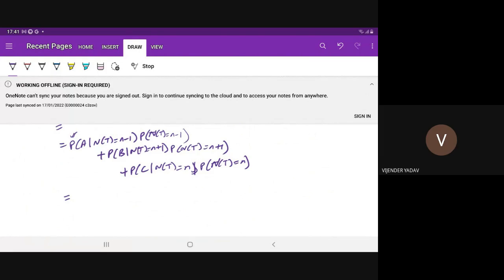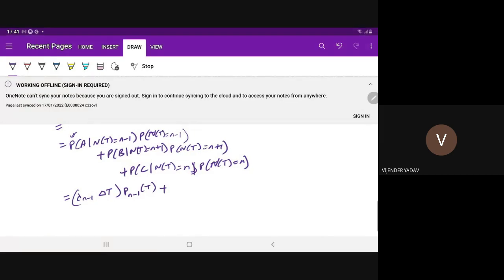Lambda n minus 1 into delta t. Yes. It is lambda n minus 1 into delta t into the probability that there are n minus 1 customers at the time t, that is p n minus 1 of t.